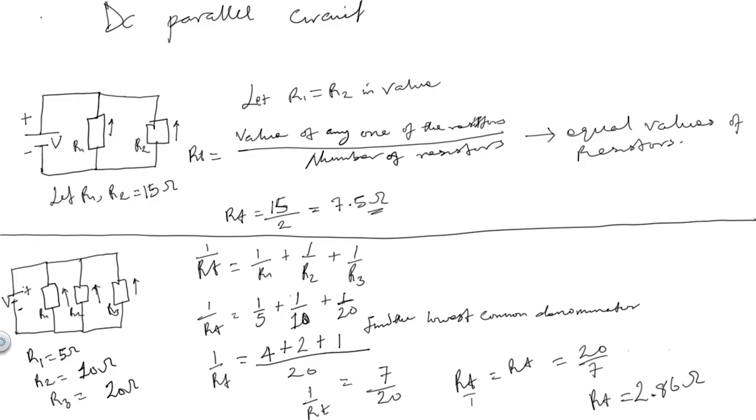As you can see, we now have it in this pattern. So the second formula to use is for when there are only two resistors. Okay, let's now go back to this case: the second formula to use when there are only two resistors and the two resistors are not of equal values.